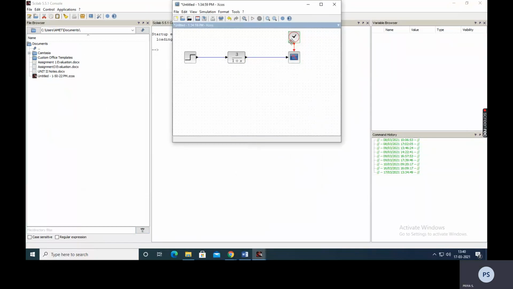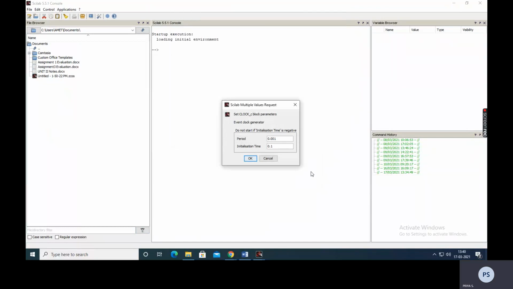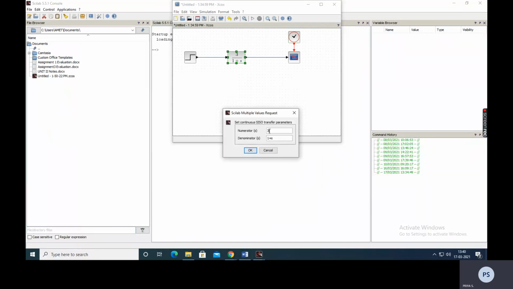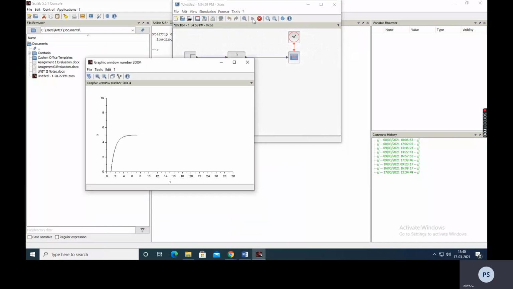Next. So I'm just putting 0.001. Here also I'm going to change my numerator as 5. If it is okay, then go for it. It is somewhat fast.